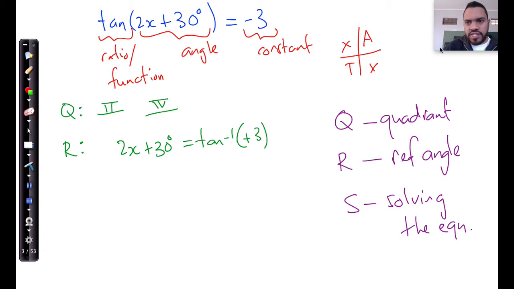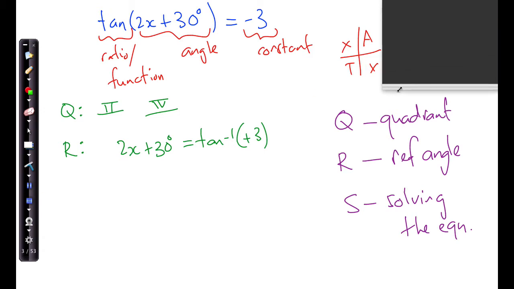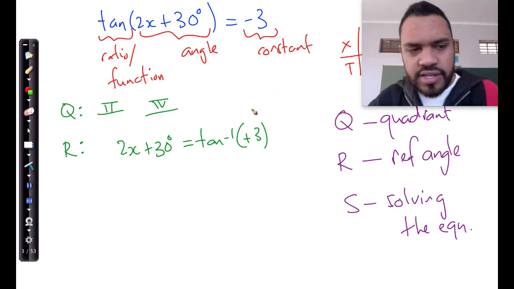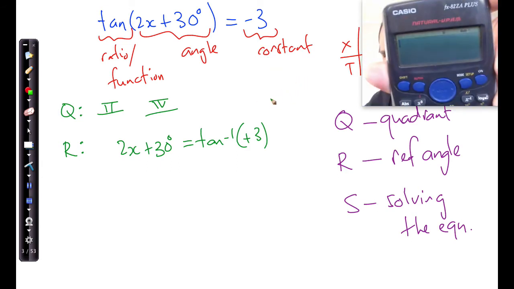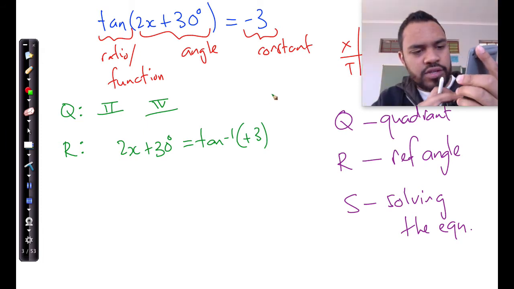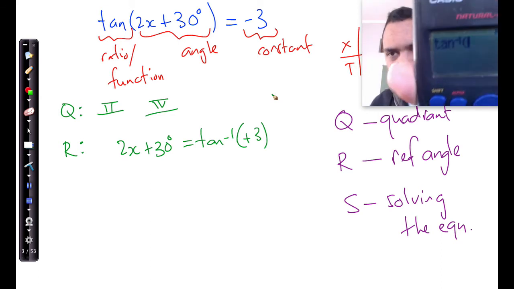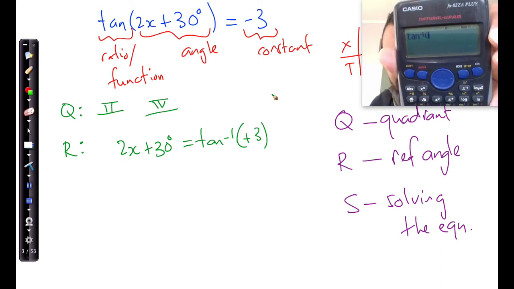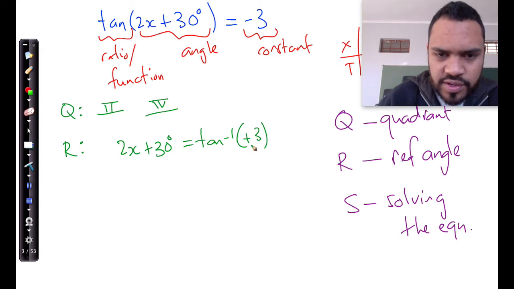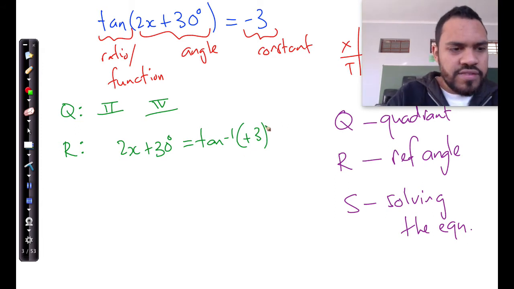Okay, so let's see what we're going to be pressing on the calculator. We're going to go second function. If you're using the 82ZA+, you're going to press the shift button, then press tan, and you get tan to the minus 1. Then you put the argument in, which is positive 3.